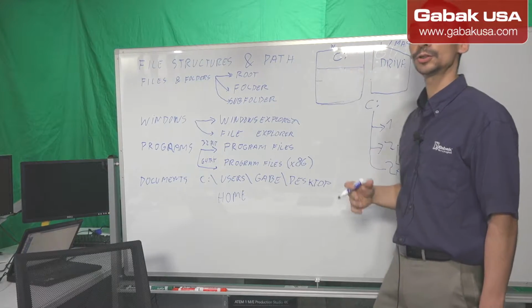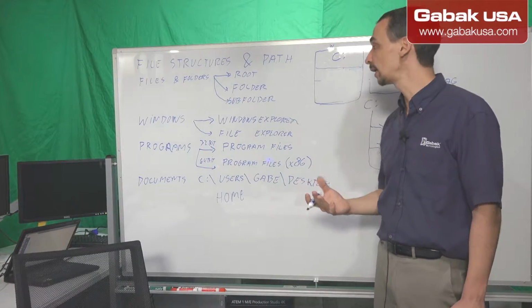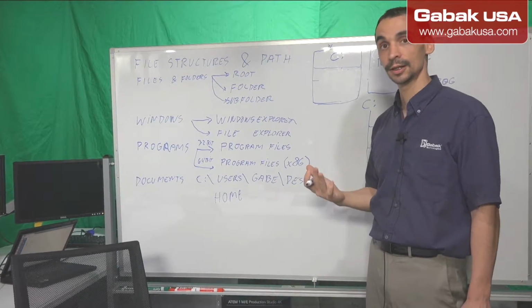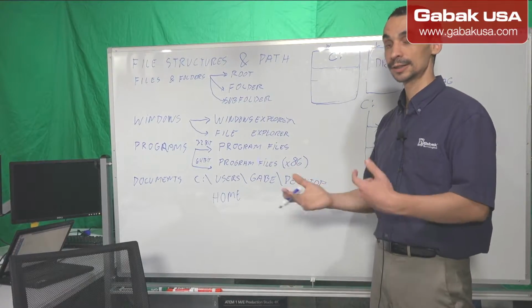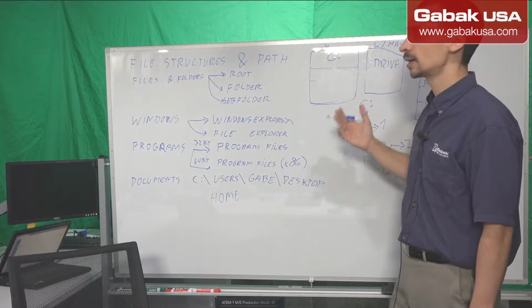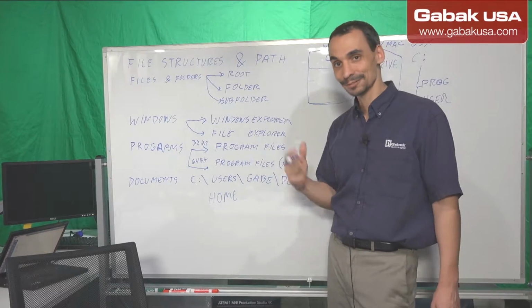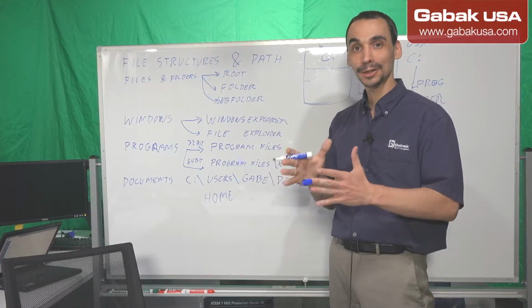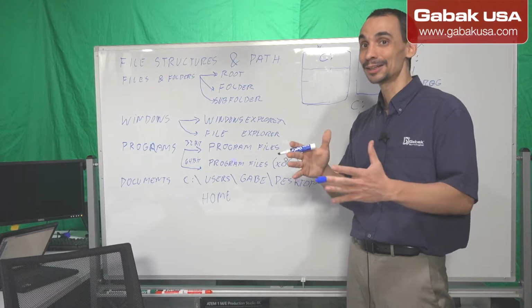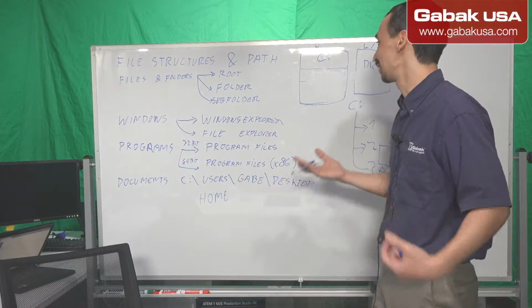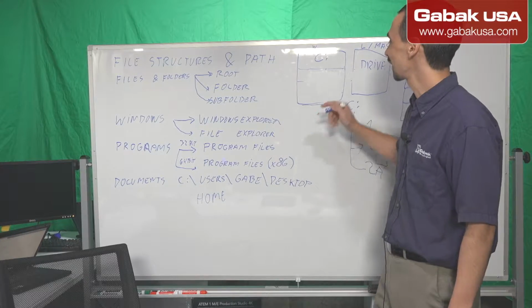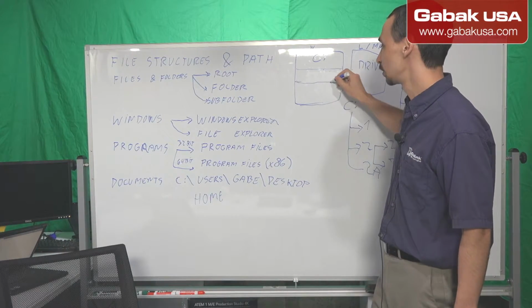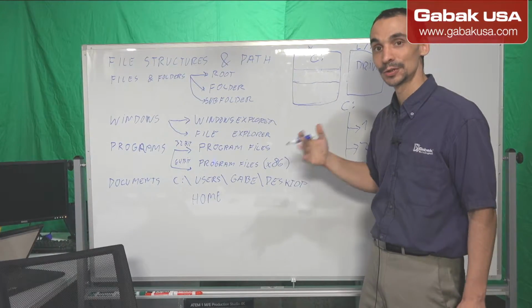So if you want to search for files, or if you want to start creating files, folders, and everything else, so let's say that you have screwdrivers. Then you say, okay, I'm going to create some kind of compartment, or maybe a folder in this case, where you're going to store the hammers.